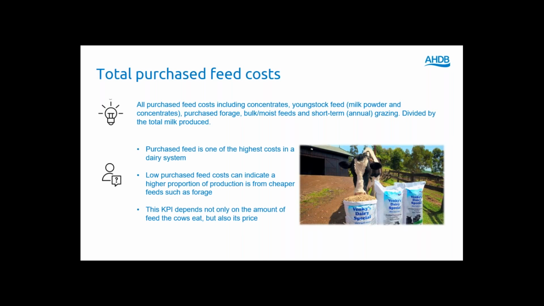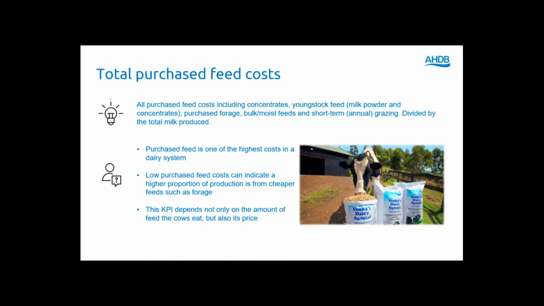Why have we chosen that? Well, I don't think it's any surprise that purchase feed is one of the highest individual costs in a dairy system. So it sticks out as something which can be looked at and interrogated to see whether you can make the most of the feed. If you've got low purchase feed costs, that would indicate that you're getting cheaper feed from other sources.